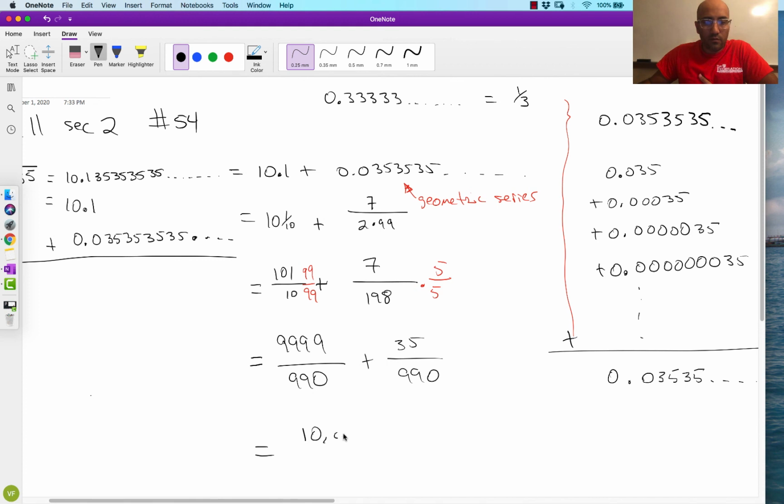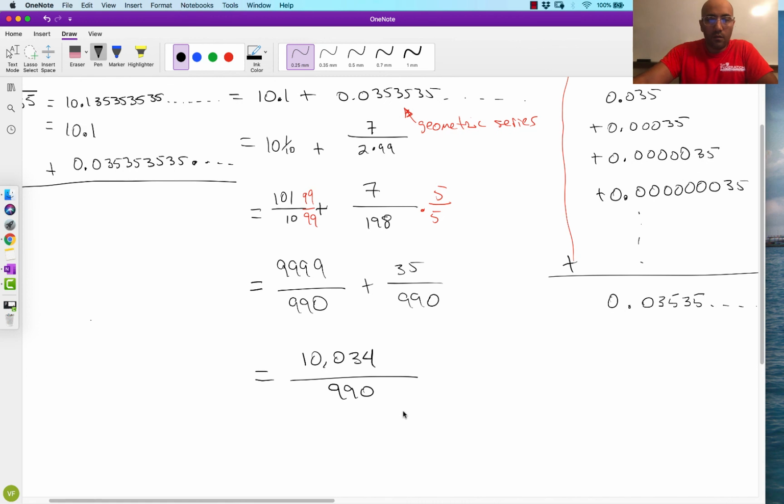So we end up with 10,034 divided by 990, which can easily be reduced, of course, because it ends in an even number.